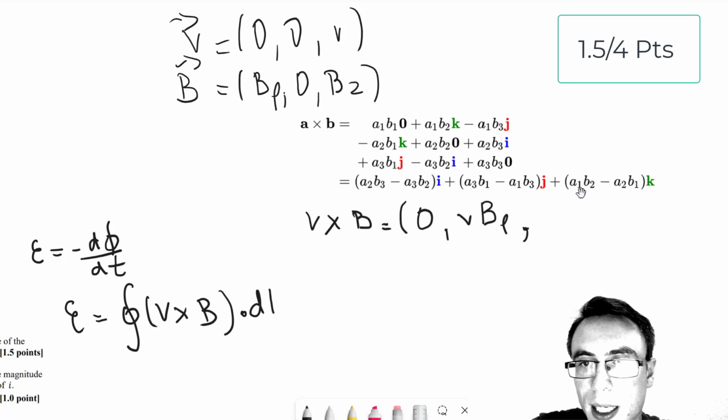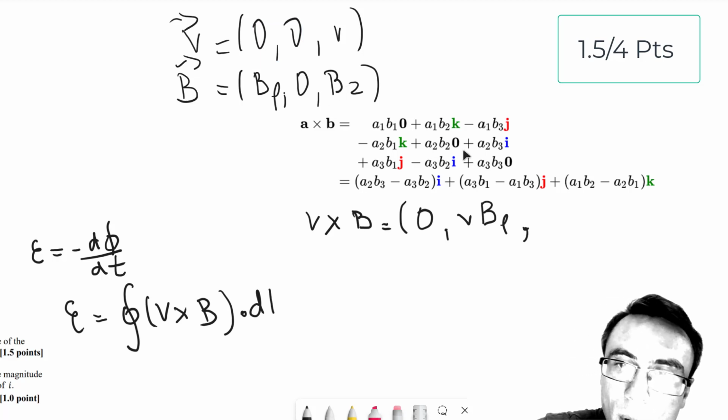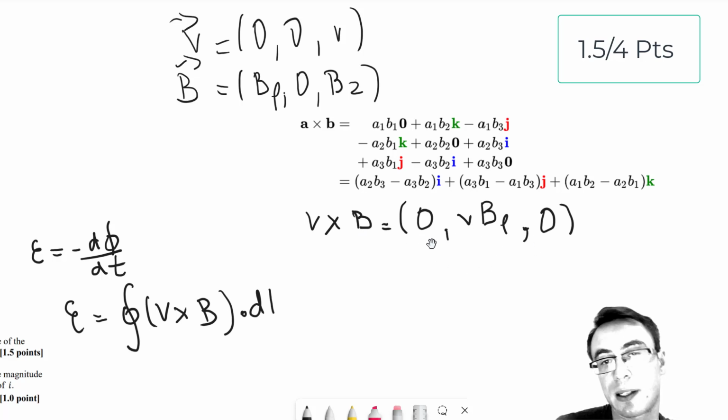And finally, in the axial direction, we have A1B2. A1 is 0. Take away A2B1, which is also going to be 0. So this here will be our V cross B vector in cylindrical coordinates.